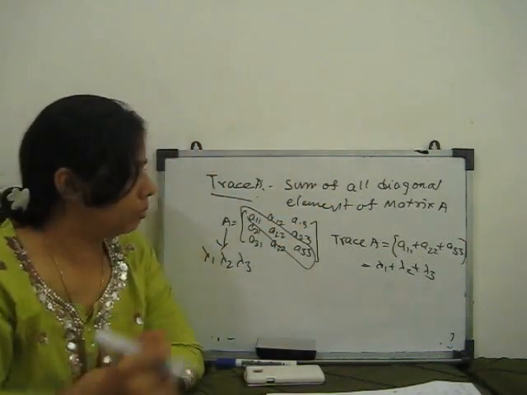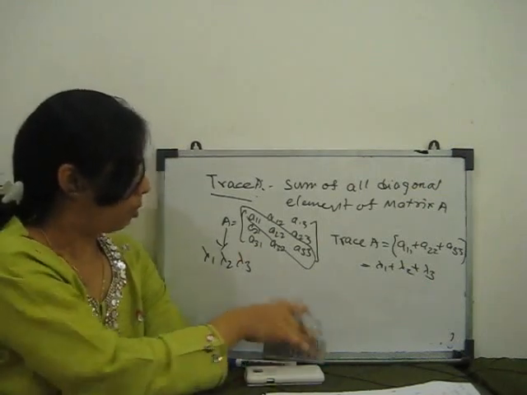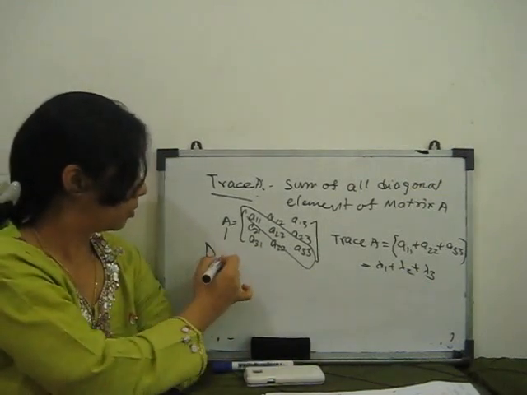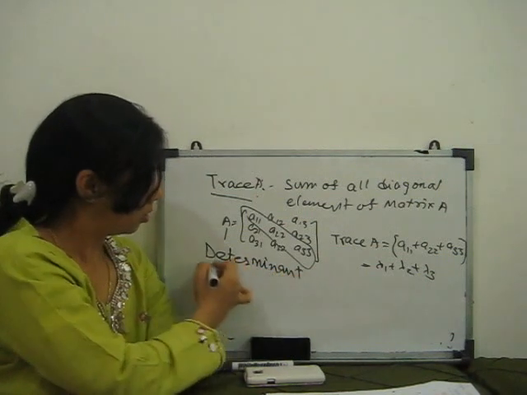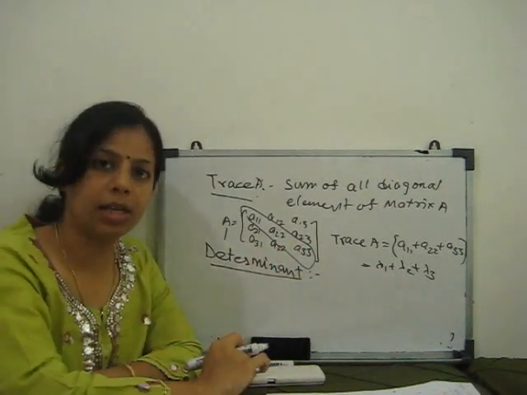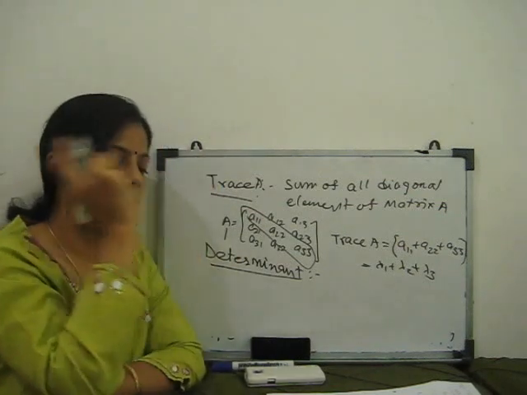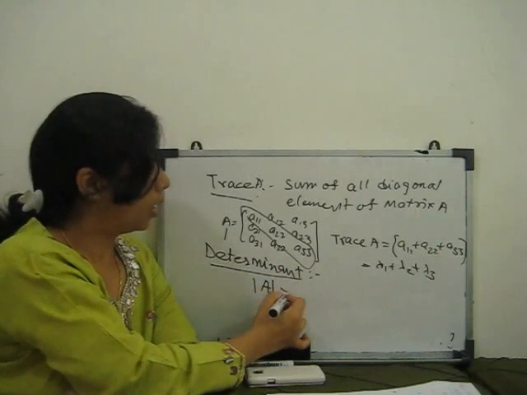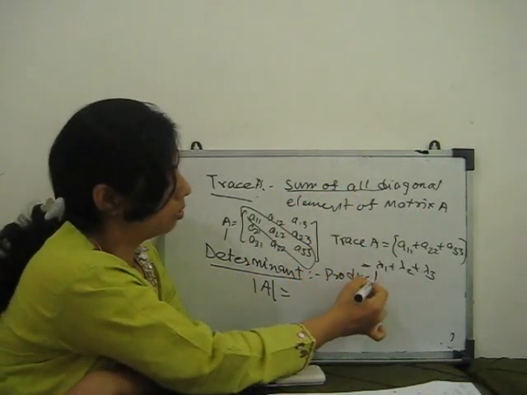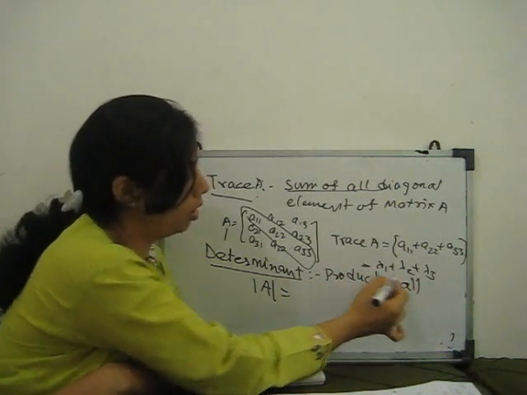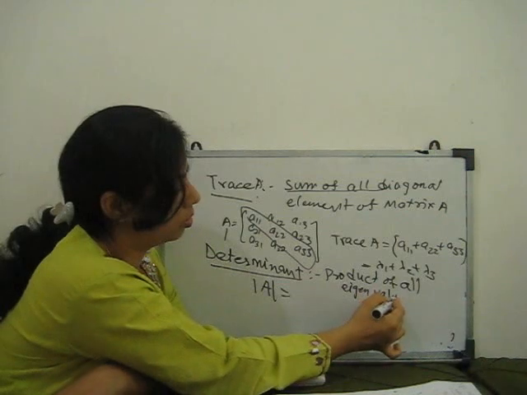Similarly, if we talk about the determinant of that matrix, then the determinant is also given by the corresponding eigenvalues. Trace is the sum, and determinant is the product of all eigenvalues.